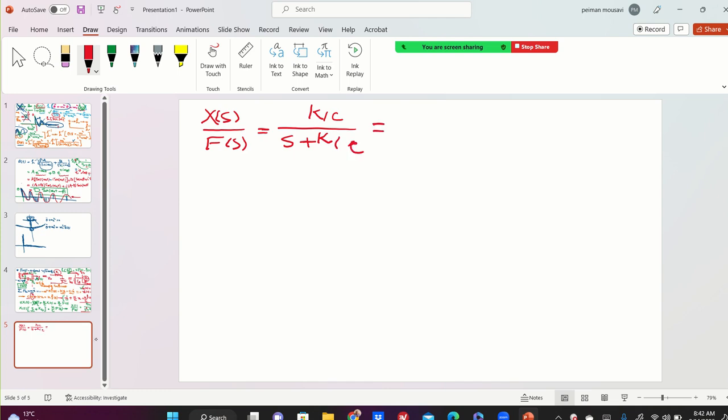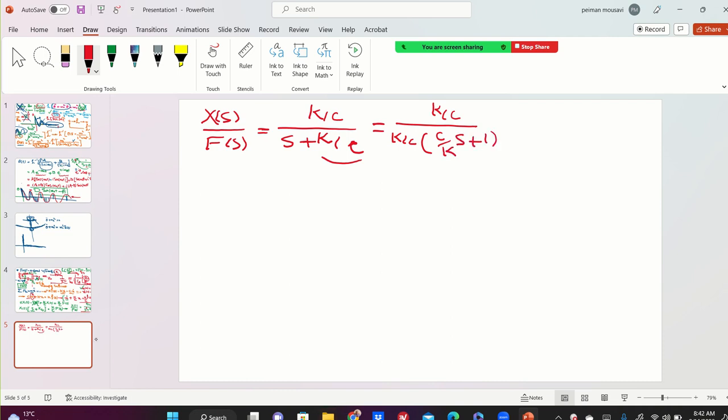I'm factoring out k over c, so you're going to have c over k times s plus 1. Yes or no? Obviously yes. So the closed transfer function is 1 over (c over k s plus 1).